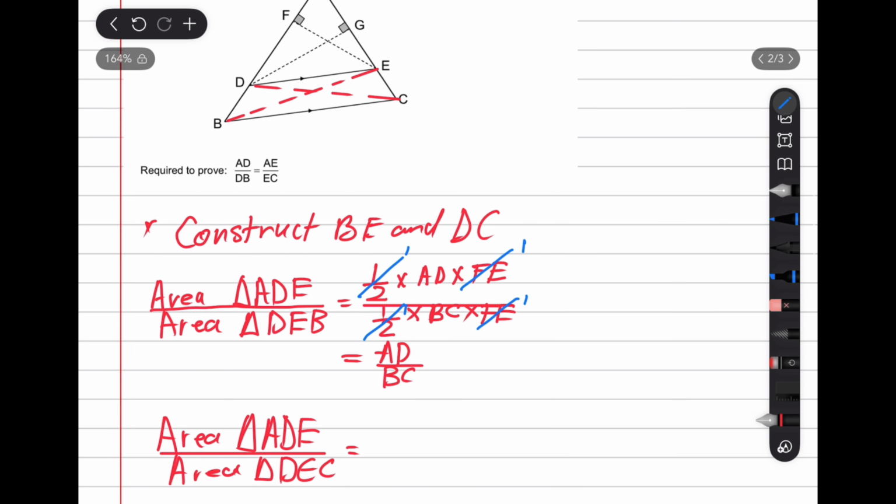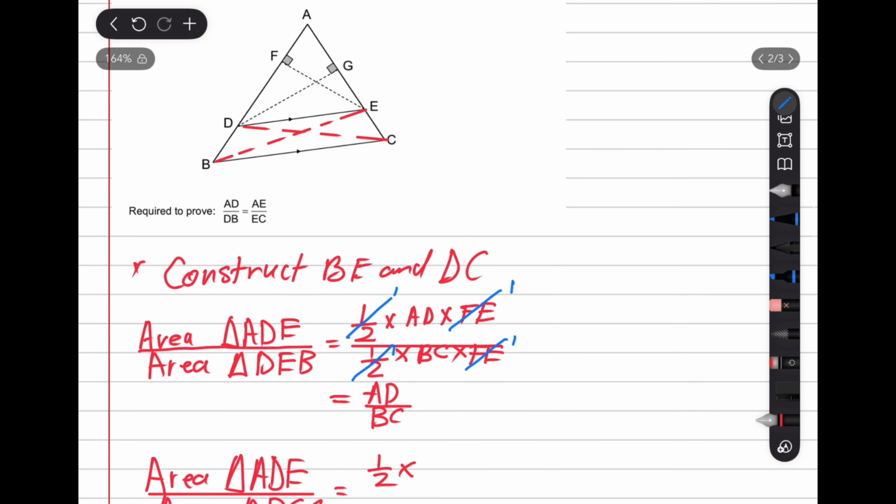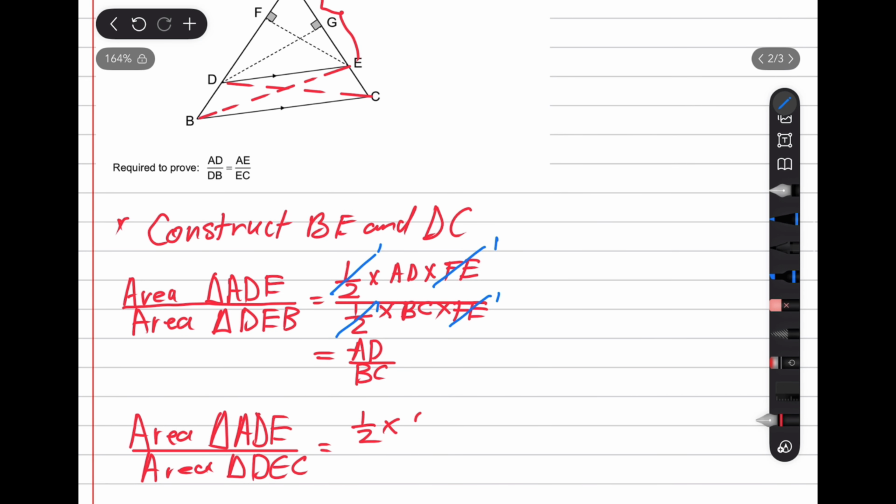We know that the area of ADE is going to be half times the base. So the base that we wanted to focus on for triangle ADE, now we want to treat this one as our base. So we are going to write AE.